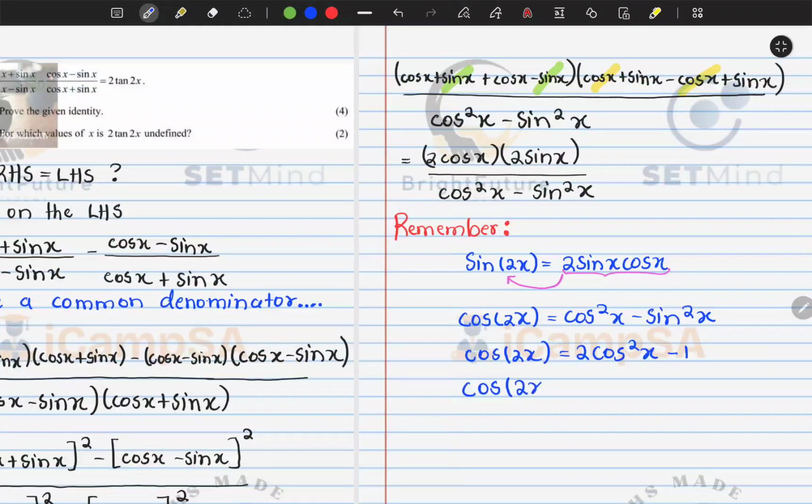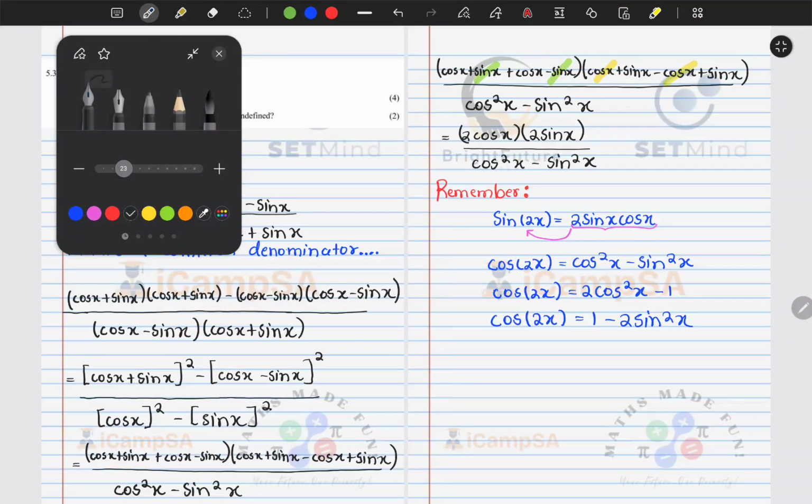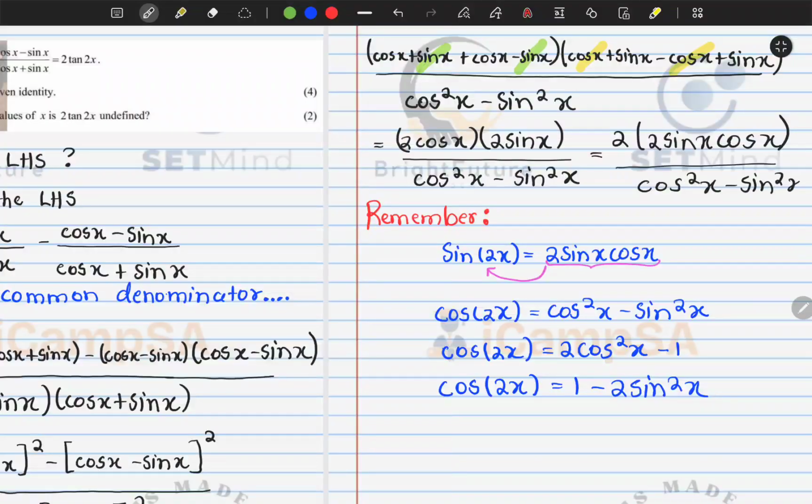You can also have cos of 2x equaling 1 minus 2 sine squared of x. So you will see that for our problem, what will happen is I'll put one of the 2 outside, then I have 2 sine of x cos of x. Okay, and that is divided by cos squared x minus sine squared x.